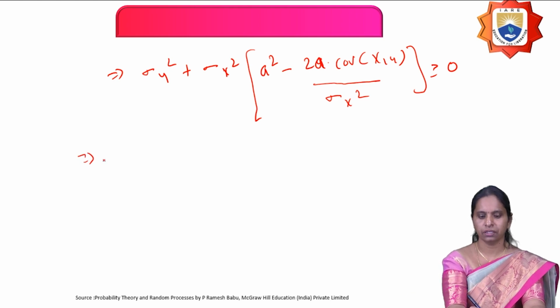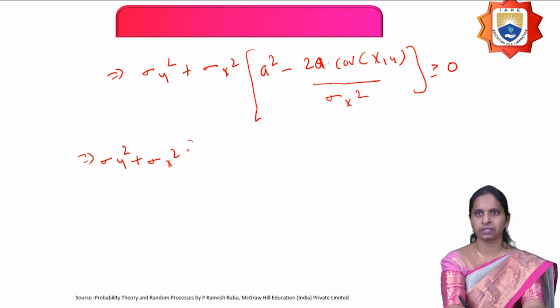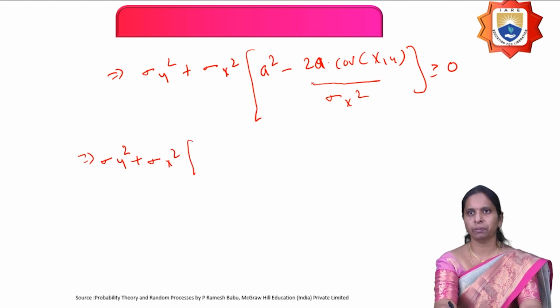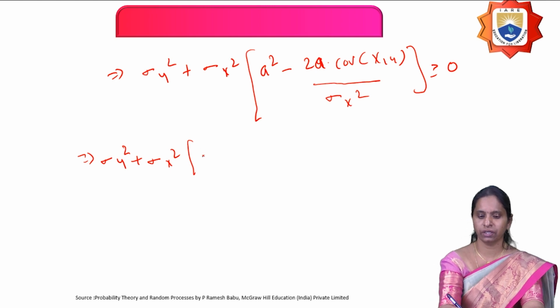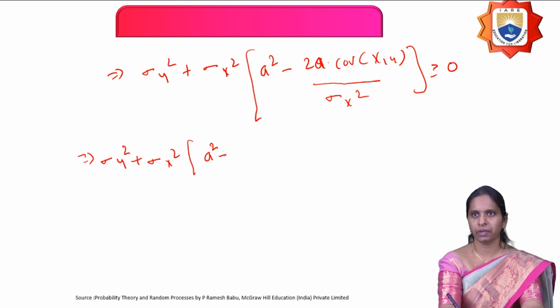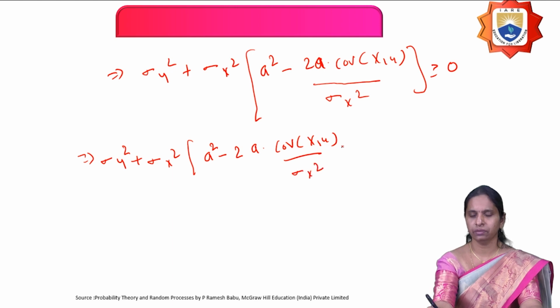So that implies sigma y square plus sigma x square, this is like a square minus 2ab. So you have to write the formula for a minus b whole square. Then what can you do? Write here a square minus 2 into a into covariance of x comma y by sigma x square.